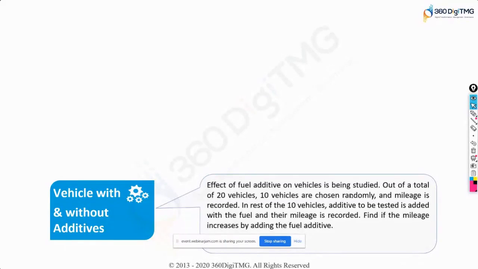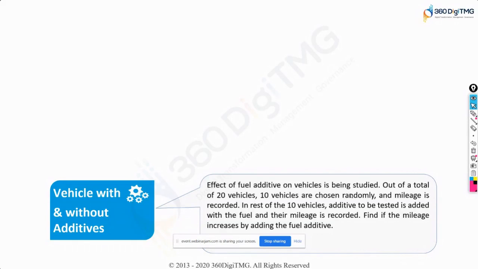In the next 10 vehicles, additive fuel was added. We wanted to test the effect of that additive, right? So that fuel was added and the mileage was recorded. So I have 10 vehicles with regular fuel and 10 vehicles with this new fuel which needs to be verified, and mileages were recorded.